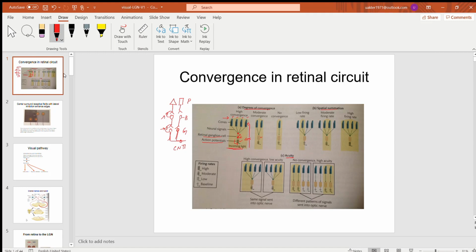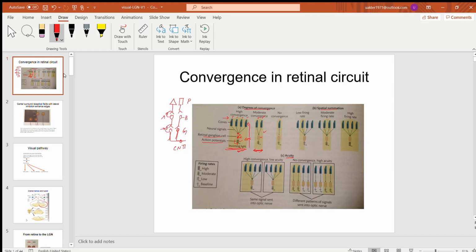Here the stimulus is narrower than this one, right? So in this case, if the stimulus is narrow, this is almost half of the previous stimulus, so it will stimulate only these 2. That means fewer cones.